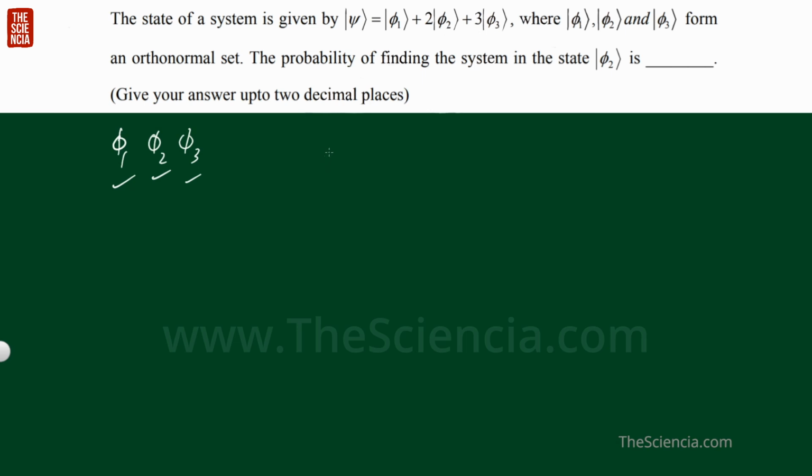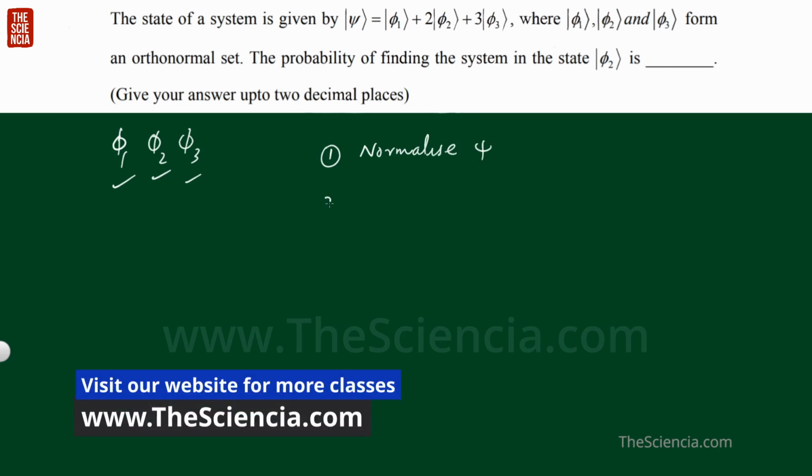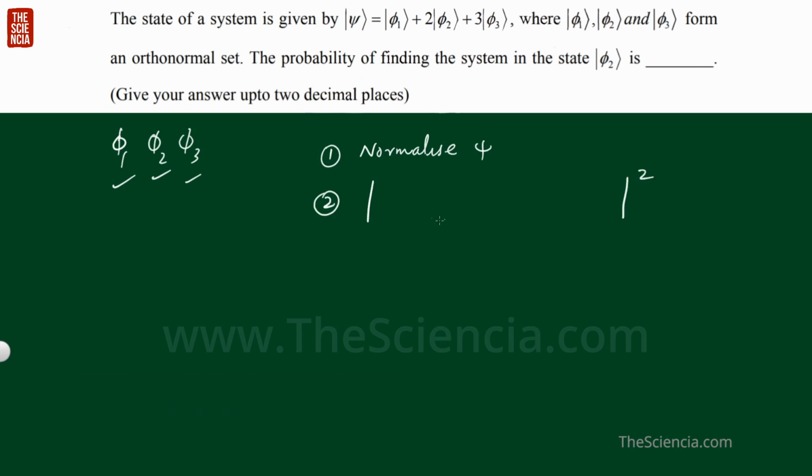To solve this kind of problem, first we have to normalize the function. Second step, find the modulus square of the coefficient of the state.